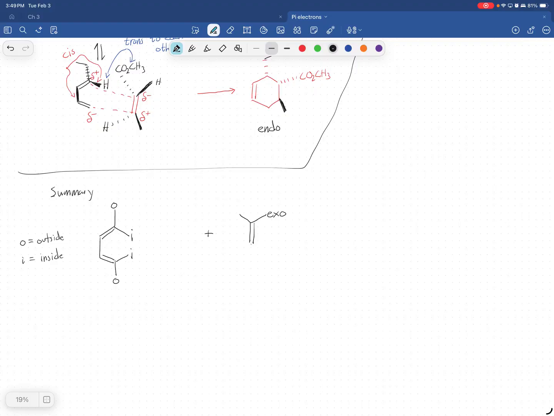Okay. So if your groups are situated on the outside as the dienophile approaches, that's your exo position. Those groups are exo in the Diels-Alder product. They are exo, that's the exo adduct, okay? Now, if your groups are situated in the inside, those are endo, right here. These will be considered endo, okay?